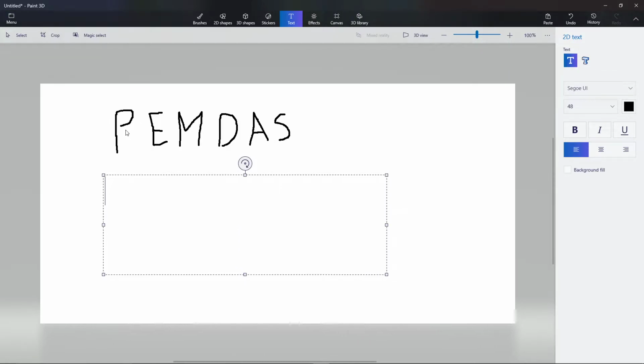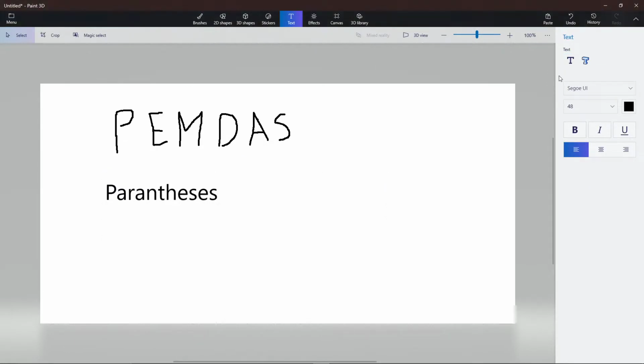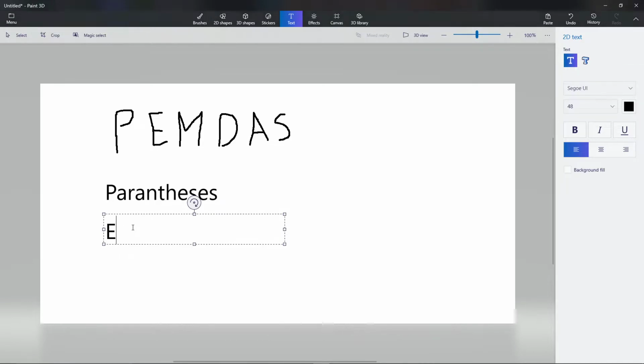So P stands for parentheses. Whoops, I accidentally hit Shift Enter. I hate when that happens. Anyway, the E stands for exponents. The M stands for multiplication.